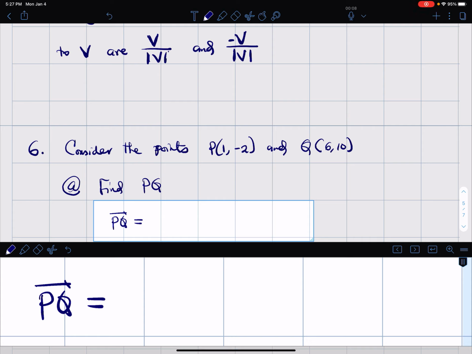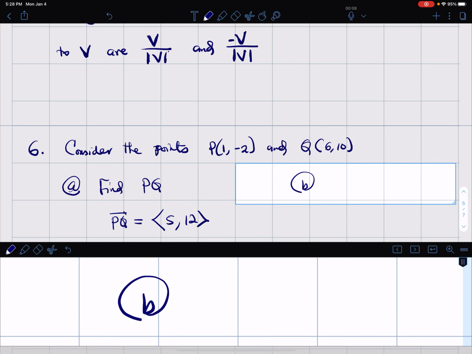The vector PQ is going to be 6 minus 1, which is 5, and 10 minus -2, which is 12. All right, part B, let's find the magnitude of PQ.